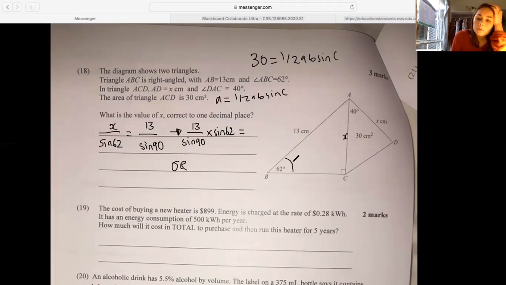We have this one, we want opposite and hypotenuse, so that's sine. Anyway, sine 62 equals opposite over hypotenuse. Sine 62.